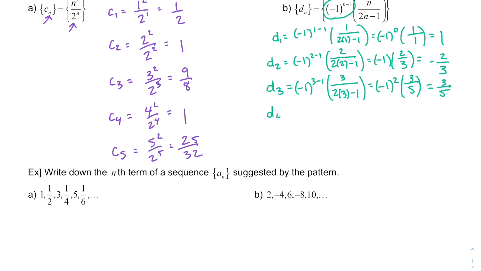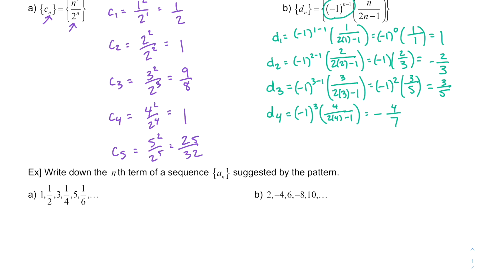So the terms are going plus, minus, plus. So the next one should be negative. So let's see if we can do this one faster. So -1 to the 4 minus 1 power, so that's 3, times 4 over 2 times 4 minus 1. Now since the -1 is being raised to an odd power, that's going to give us a negative term. So we will have -4 over 7.